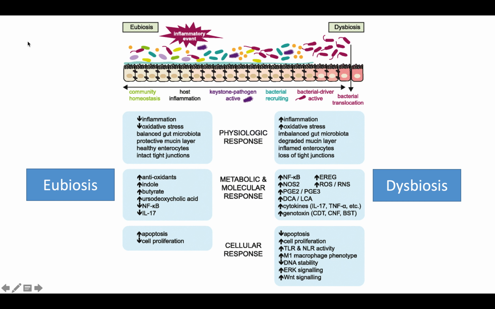So the cells are not dying. In fact, what they are doing is super dividing. This happens in dysbiosis after a long term of inflammation, and this cell proliferation may lead to overgrowth of cells and even to cancer. So over the long run, dysbiosis can cause some hefty problems to us as humans.